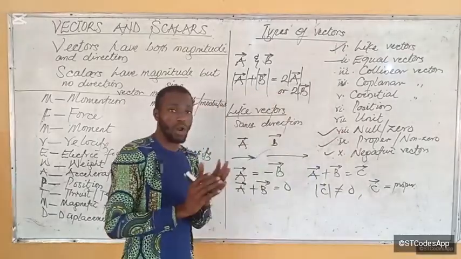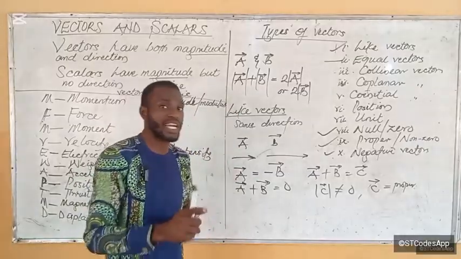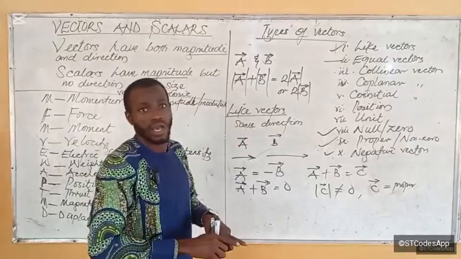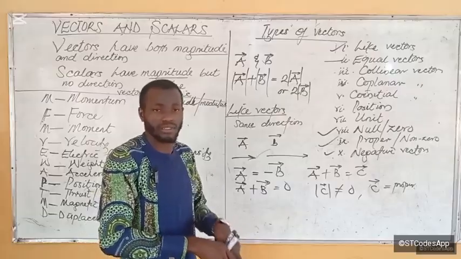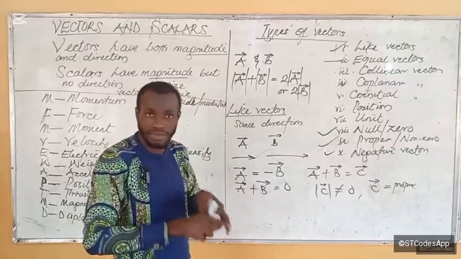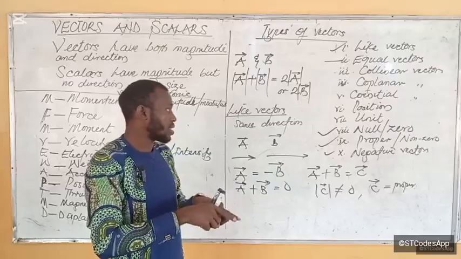Why? Because they are equal but opposite in direction. Equal vectors are same in direction, same in magnitude. Like vectors are same in direction, but they may not be same in magnitude.